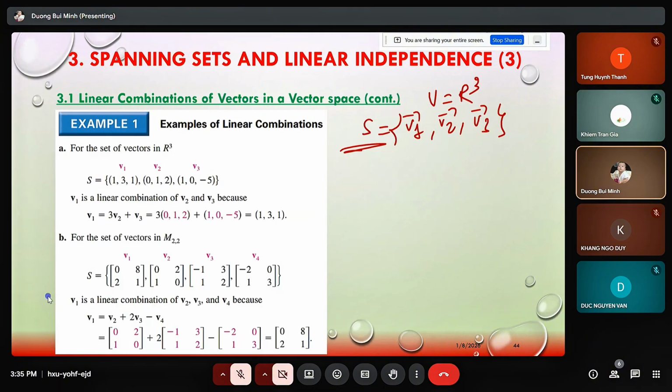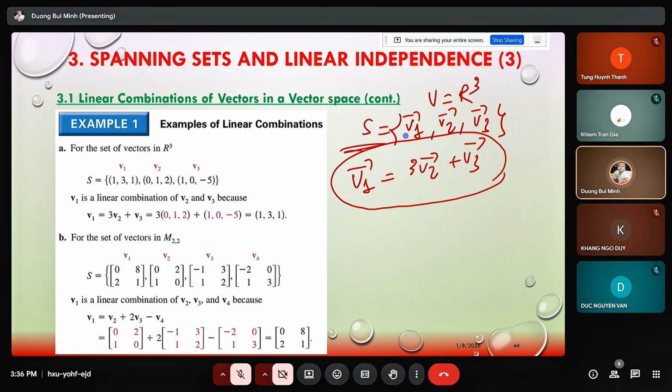So now we have any vector V, so V1. We find out V1 is 3 times V2 plus V3. So all possible linear combinations of V1 and V2 will become the subspace.